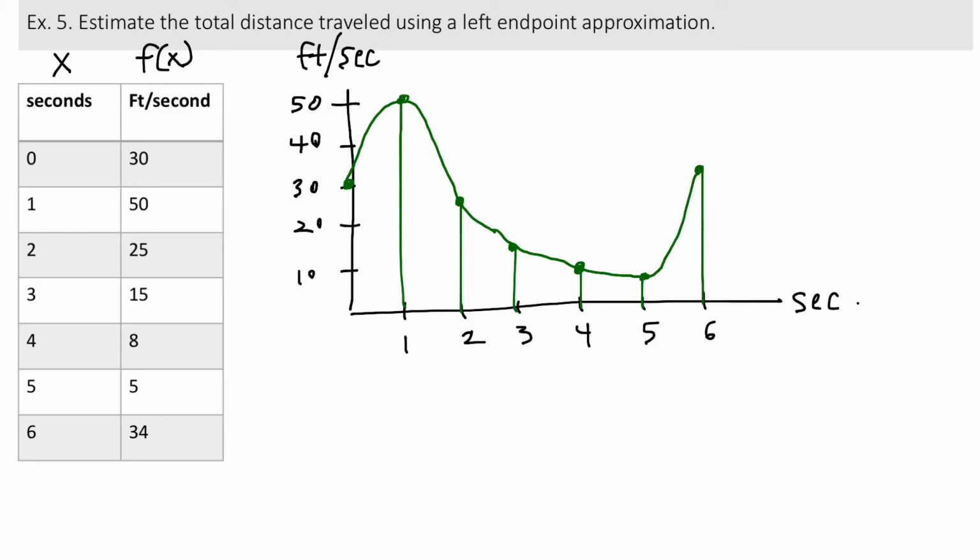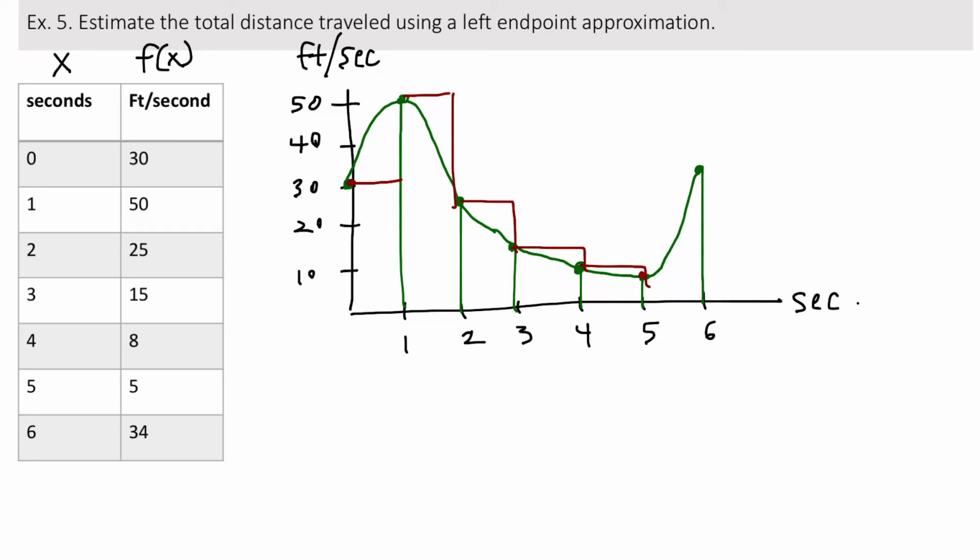And then it says we're going to use a left endpoint approximation. So the height of my rectangles will be taken from using the left endpoint on each of these sub-intervals.